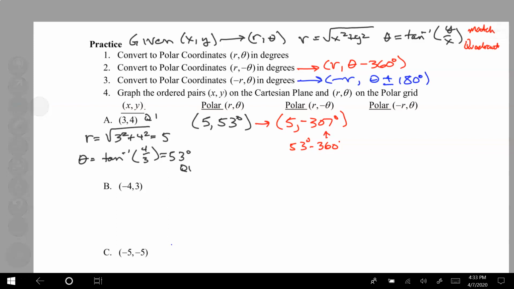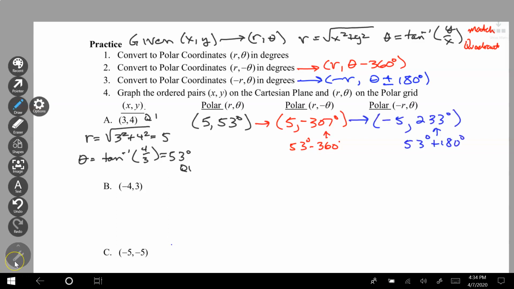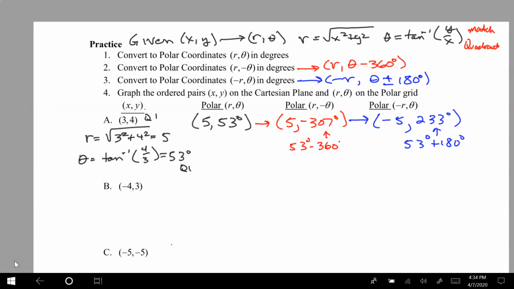Negative 307 degrees is in the same location as 53 degrees. It has not changed. And finally, I wanted to change it to a negative radius, so I made the radius equal to negative 5, and I added 180 degrees to give me an angle of 233. I could have subtracted 180, but I like having a positive angle in one full circle.